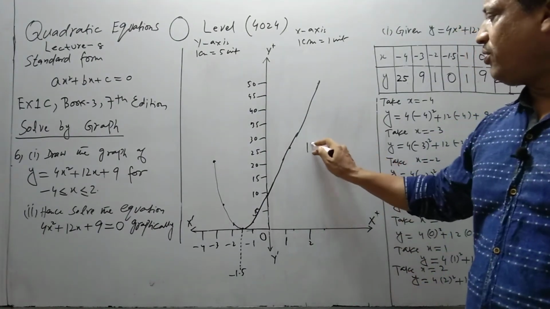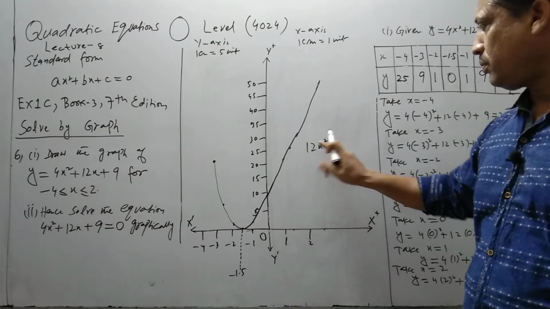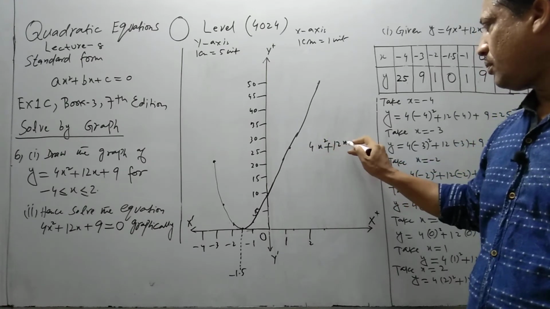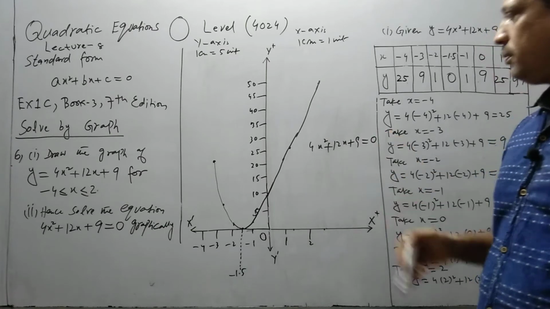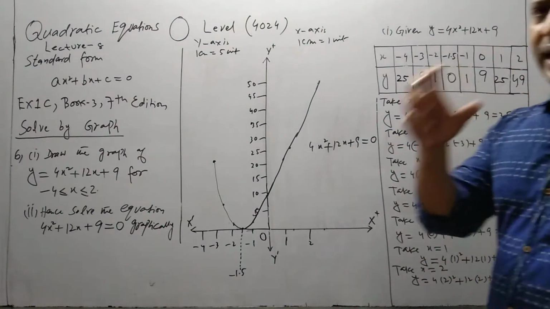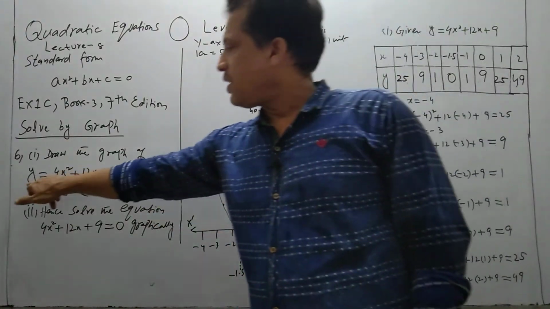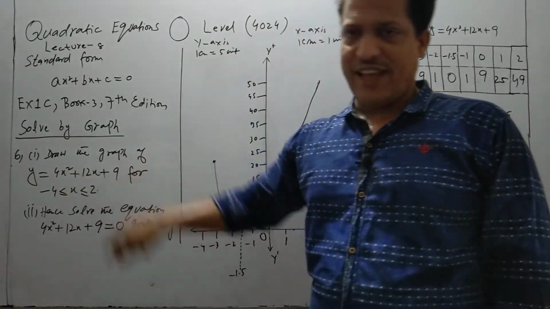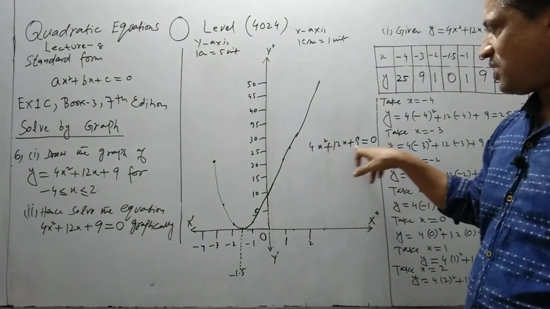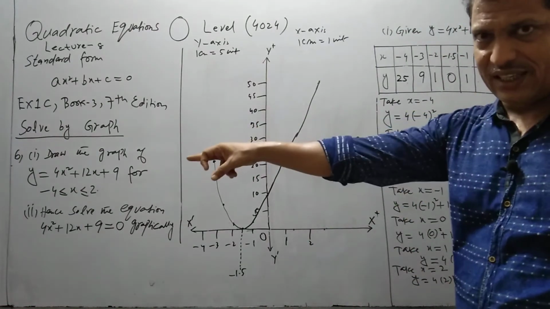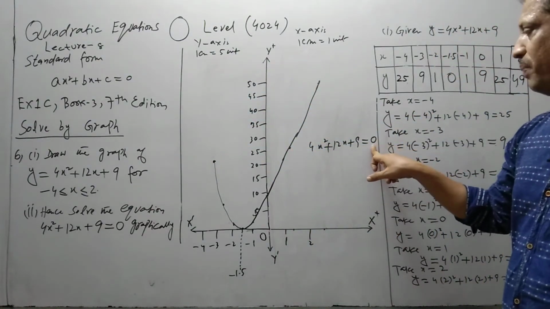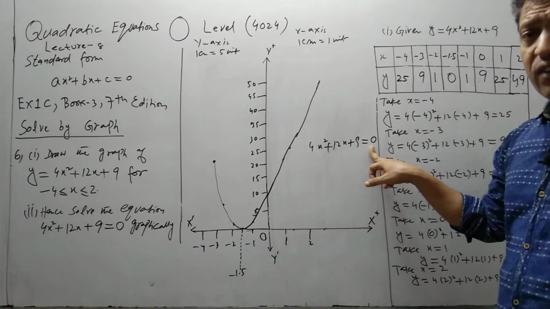So we have to solve 4x square plus 12x plus 9. Now our main equation is y is equal to 4x square plus 12x plus 9. So we have 4x square present, 12x plus 9 present, but y is not present. Instead of y, there is 0. It means we have to solve the equation.